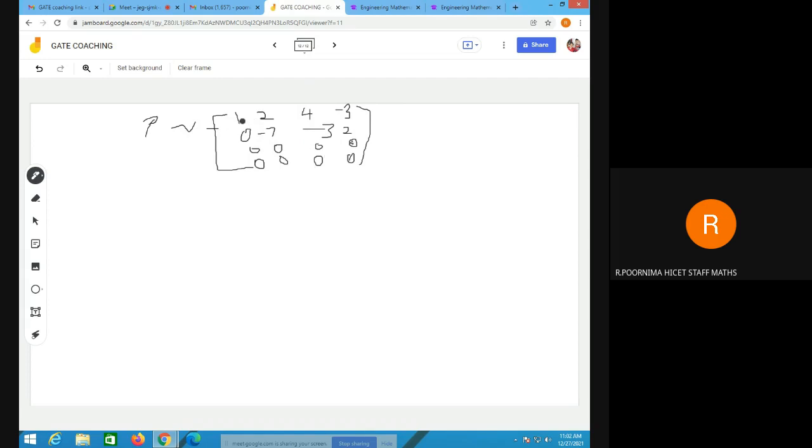Now you can see how many rows are there with non-zero terms. Here 2 rows are there, first row and second row, so the rank is 2.